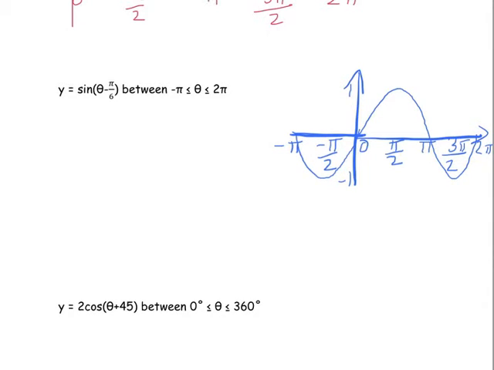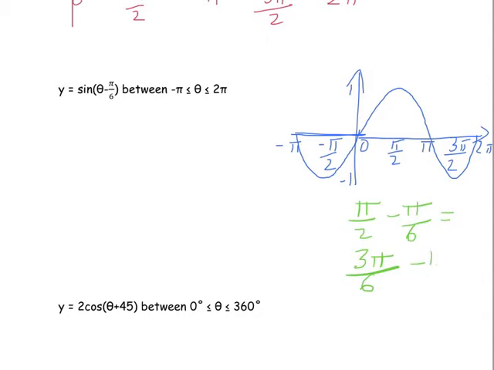Now, when we're doing theta minus pi over 6, this means that the graph is going to shift to the right by pi over 6, because if we looked at pi over 2, for example, so if we sub pi over 2 into our equation, well, it'll be pi over 2 minus pi over 6, which is 3 pi over 6 minus pi over 6, which is 2 pi over 6, or pi over 3.